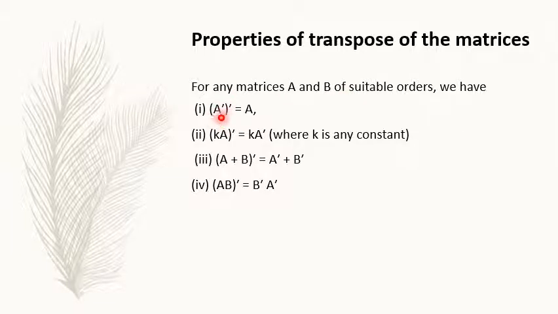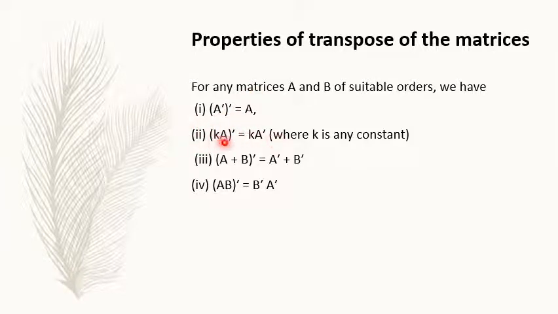Then (A transpose) transpose is the same as A. That is, if a matrix A is given, first we take the transpose of A, then we get A transpose. Then we again apply the transpose, then we will get A. The first property says that (A transpose) transpose gives A.